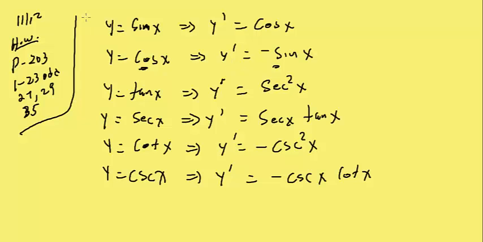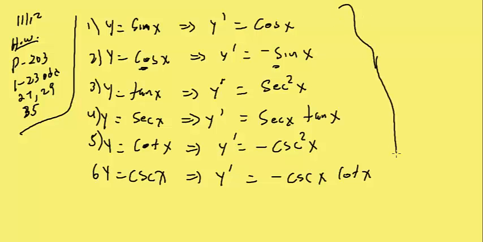Right, so I have 1, 2, 3, 4, 5, 6. These are the derivatives of all six trig functions. You need to have them memorized, and we're going to do a few problems. Once you memorize those, it's fairly easy. This section's going to be easy.